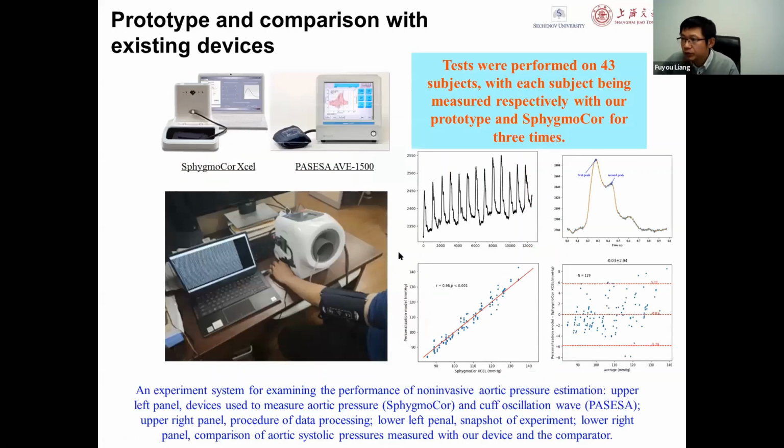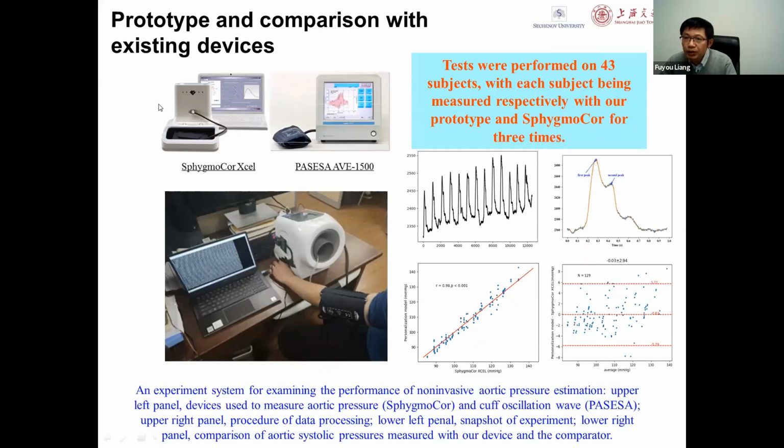Now, we want to transfer our technology into a real product. So now we have developed a prototype, and we performed some comparisons with existing devices. SphygmoCor XL is now one of the best devices for measuring central aortic pressure on the market. So our lab has got this device.